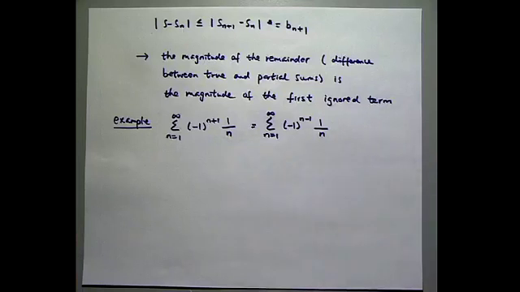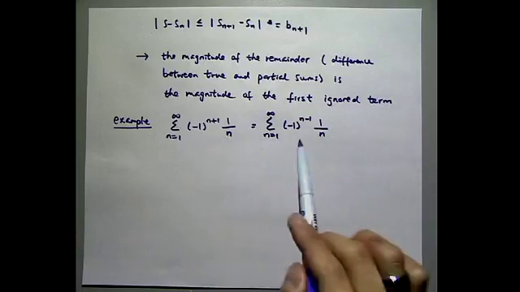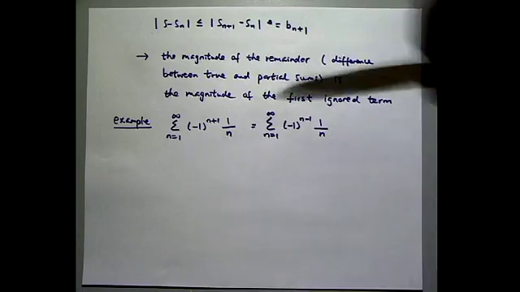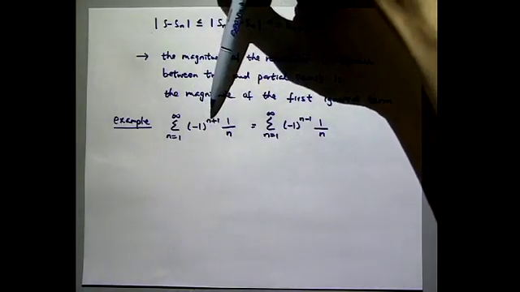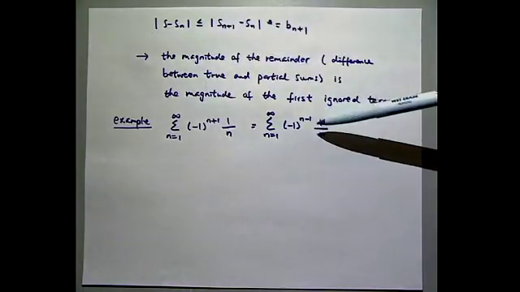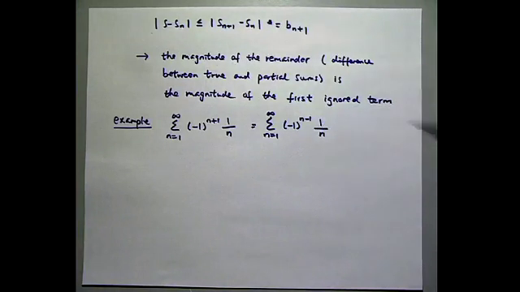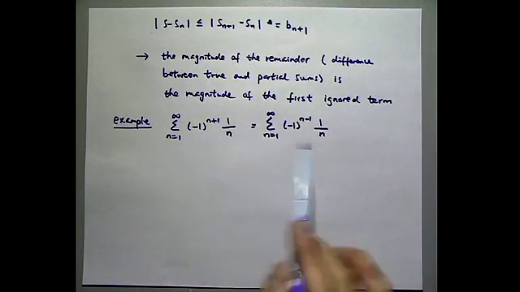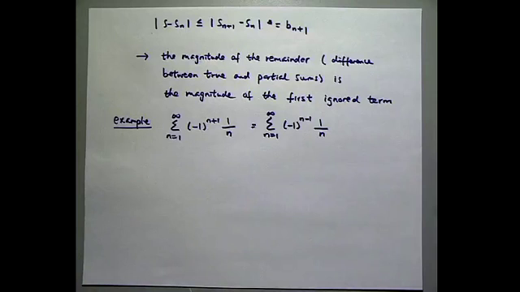They both start with a positive term. This is just alternatingly changing signs. So really it doesn't matter if you do minus 1 to the n plus 1 or minus 1 to the n minus 1. You get exactly the same series either way. So you might see this written in both ways when you look at the problems in the book or examples.